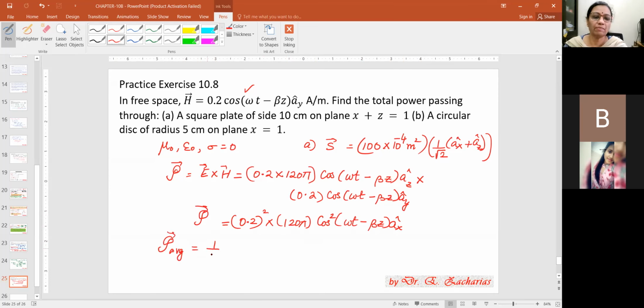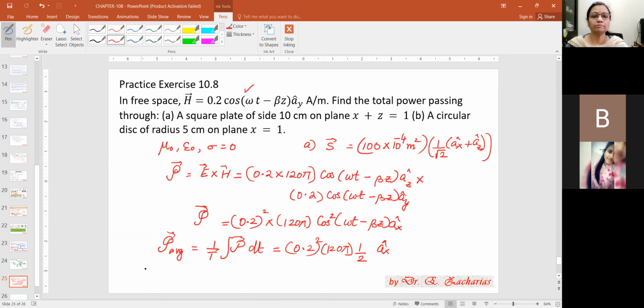Power average is 1 by T integral P dt. When you do that, you will get 0.2 square as it is, 120 pi as it is, but then you will get T by 2. So T and T will cancel out, and you get a half. So this is going to be your P average, with the same direction, a_x cap.